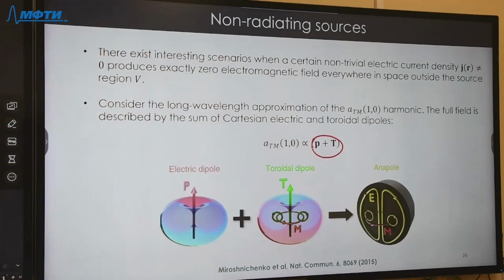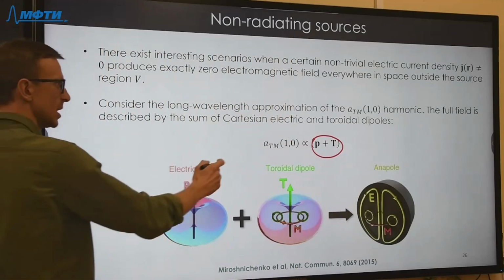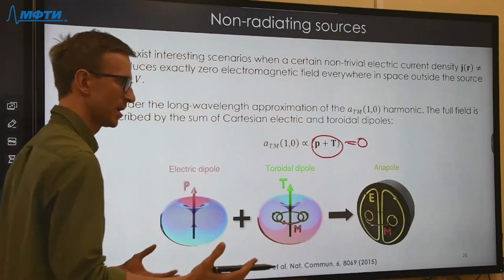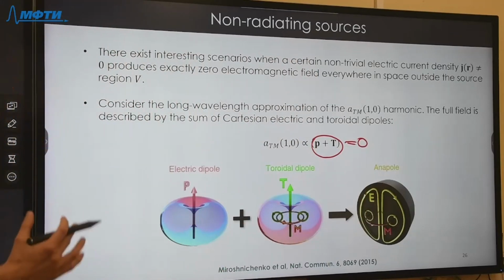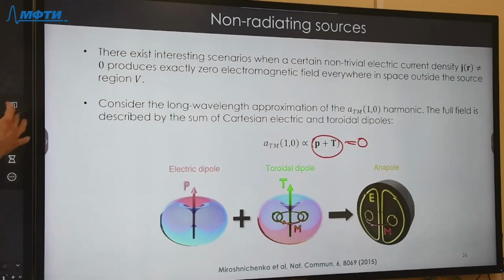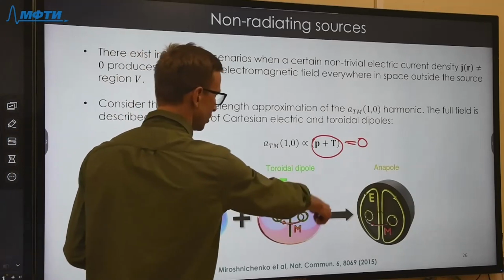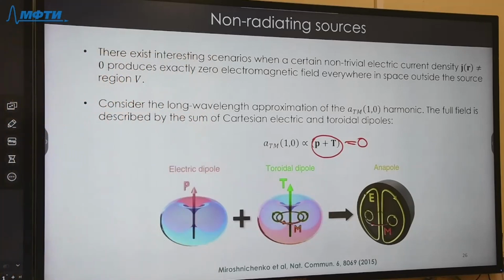And it may happen that this sum will turn to exactly zero, because if the phase and amplitude relationship between these two terms is appropriate, the sum may be zero, which means that the amplitude of the corresponding spherical harmonic will be zero too, which means that this combination of electric dipole and toroidal dipole does not produce any field outside at all.